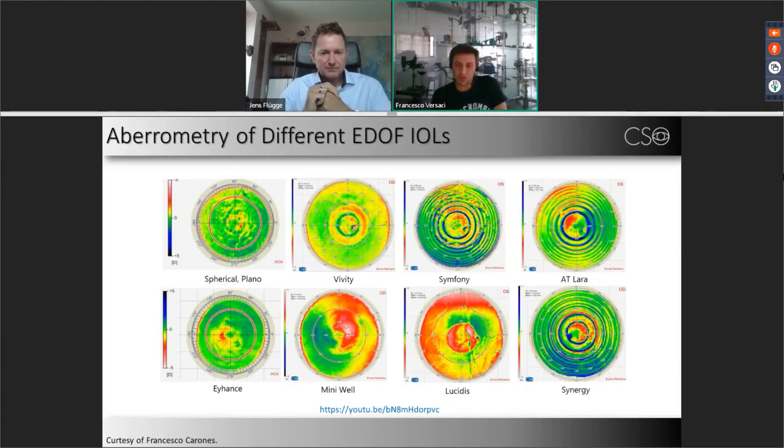So by the observation of the refractive error of each of those lenses, you can easily understand how this lens is working, and you can recognize the working principle and the effect of each lens.